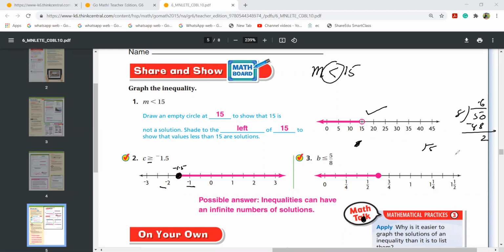Yes. 5 over 8 is almost like 0.6. 0.6 means it has to be after 0.5. Half is 0.5, right? It has to be after 0.5. So I put a dark circle here, and then I move to the left side because it is less than.